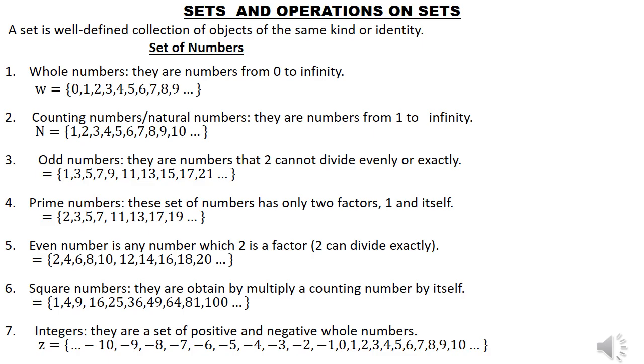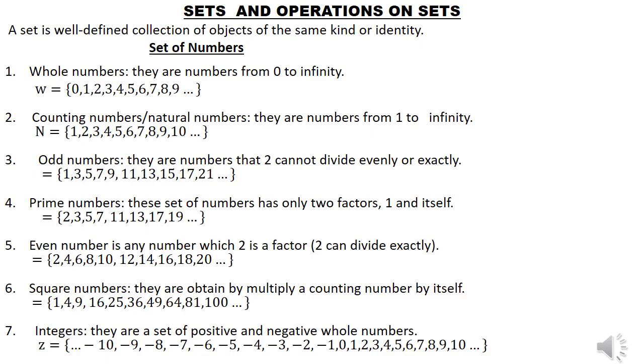We also have integers. They contain both positive and negative whole numbers. So any whole number is also an integer. When you attach a negative sign to a whole number, it becomes an integer.